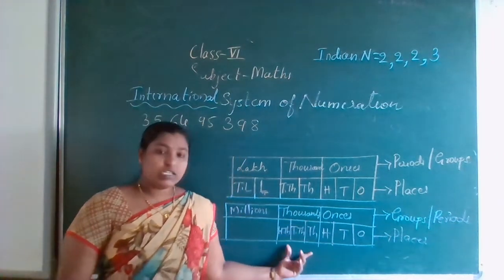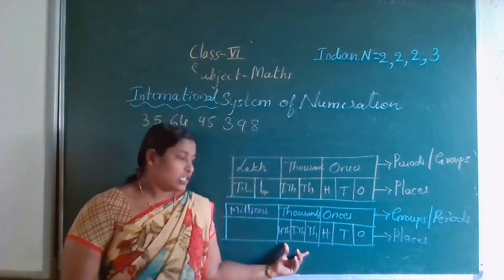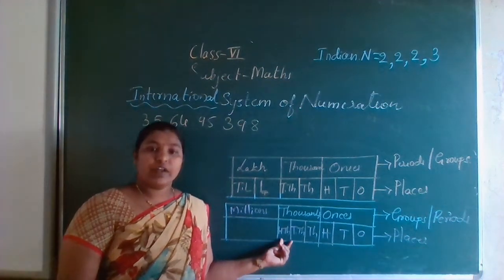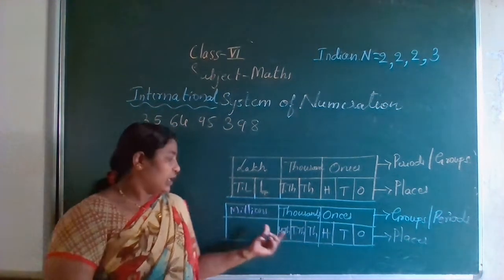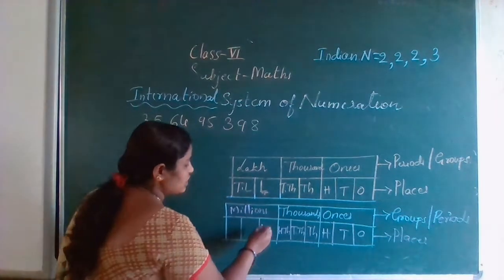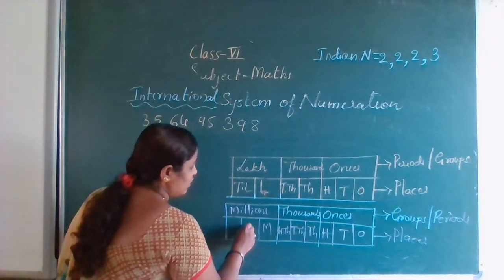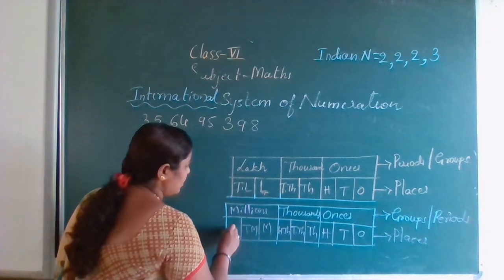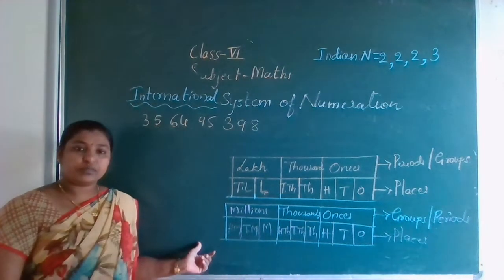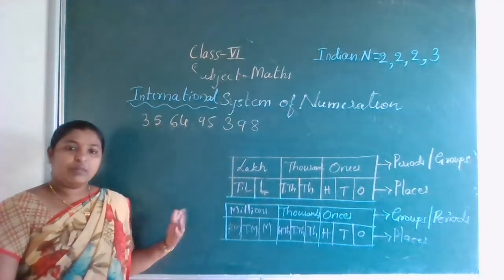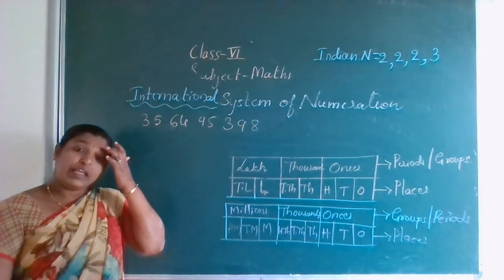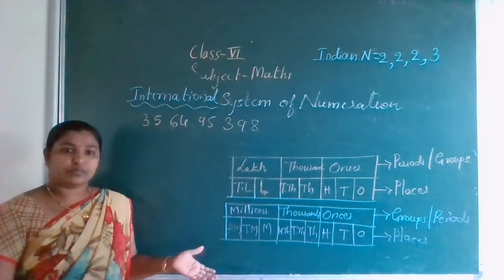They have made it three places. Next, million again has three places: million, 10 million, 100 million. After this, billion is again divided into three places: billion, 10 billion and 100 billion.